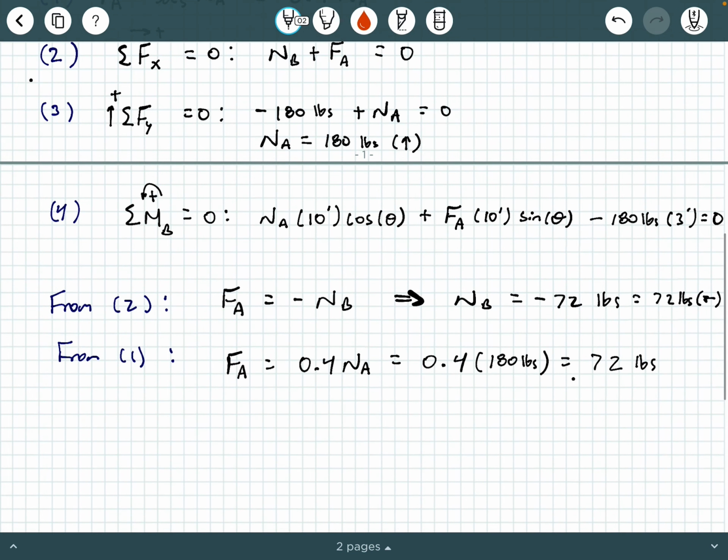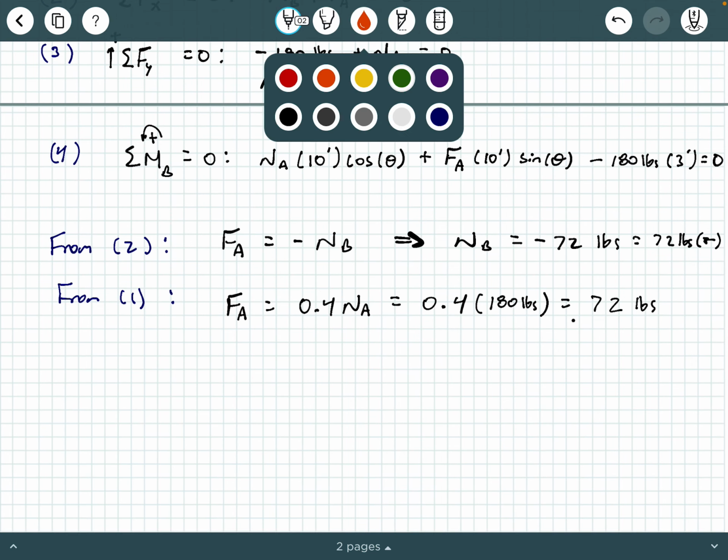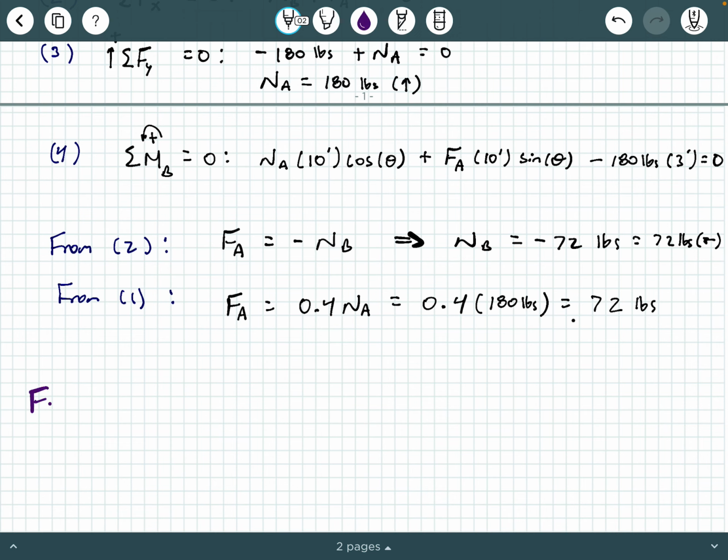Is theta. So where can we get theta? Well, if you notice, theta is built into this moment equilibrium equation. So what we can do is substitute things into the moment equilibrium equation and solve for theta. So let's do that one step at a time. I'm going to say now, let's change colors again. Maybe let's do, how about we do purple? We're going to say from equation 4, we already got NA is 180 pounds pointing up like we assumed.